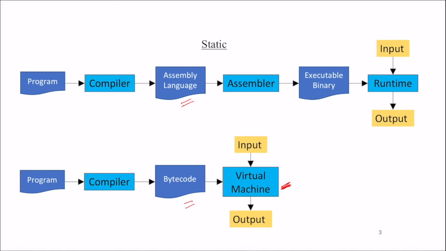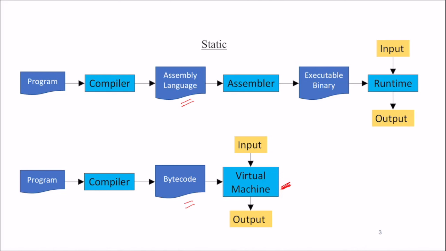And the main advantage of this is that a virtual machine doesn't have the same constraints. Like, it doesn't need to have a fixed number of registers, for example. It can have infinitely many registers. A virtual machine itself doesn't have the constraints of hardware. It's a completely software defined machine.